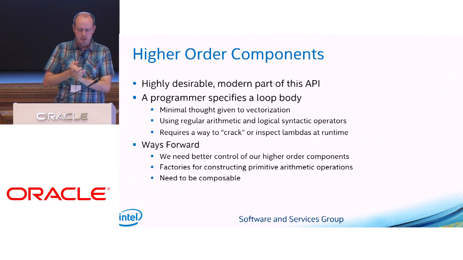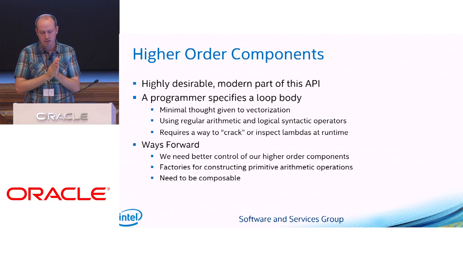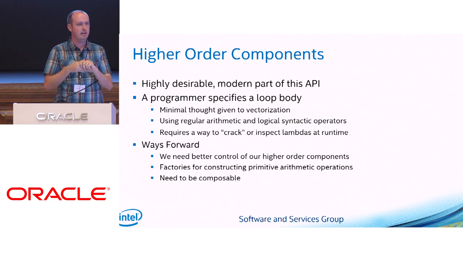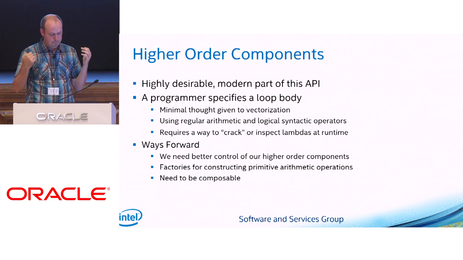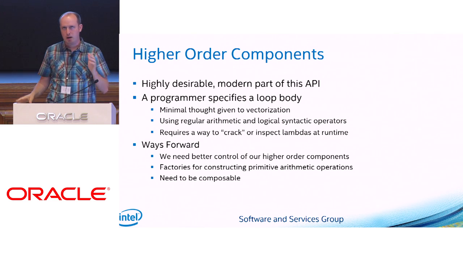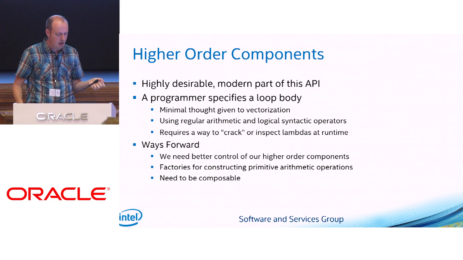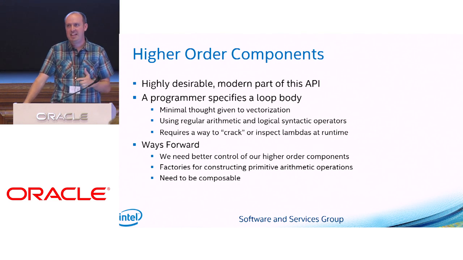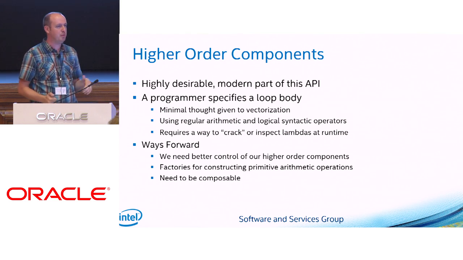Basically by saying we need better control of what the user is able to say in a loop body. We can do this with factories for constructing the operations that we want to vectorize, but they need to be composable enough that people are willing to use them.